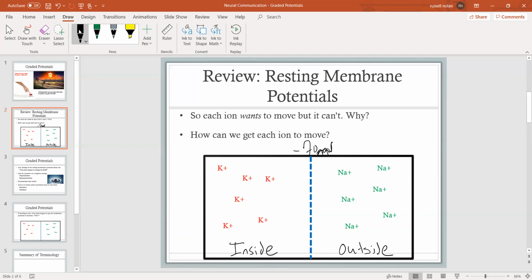So in all of these cases, this talks about stimuli that open and close the gate. So if we want to get the ions to move, we must open the gate. And depending on which type of gate it is tells us what specific substance is required.